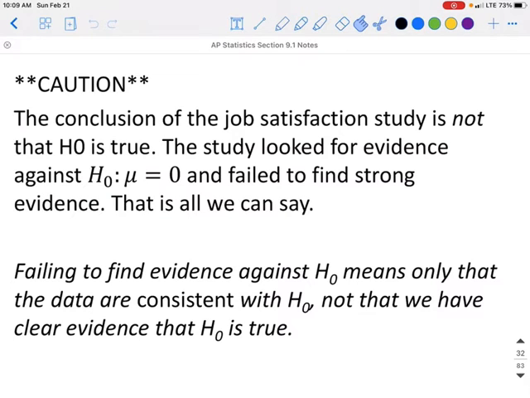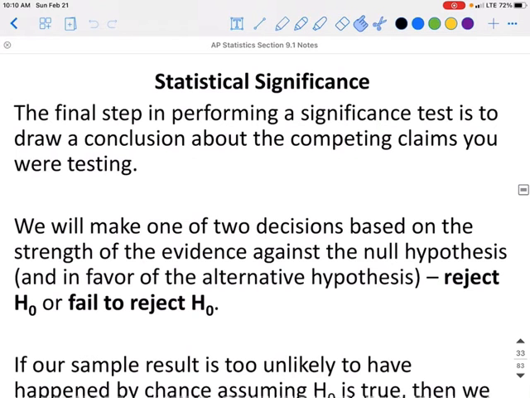When they reject something at a trial, it doesn't necessarily mean the person is innocent. It means they didn't have enough evidence to convince the jury that they were guilty. Failing to find evidence against H sub 0 means only that the data are consistent with H sub 0, but doesn't clearly have evidence to say that H sub 0 is true.